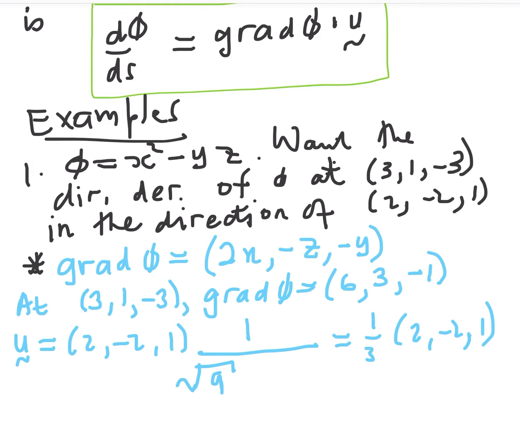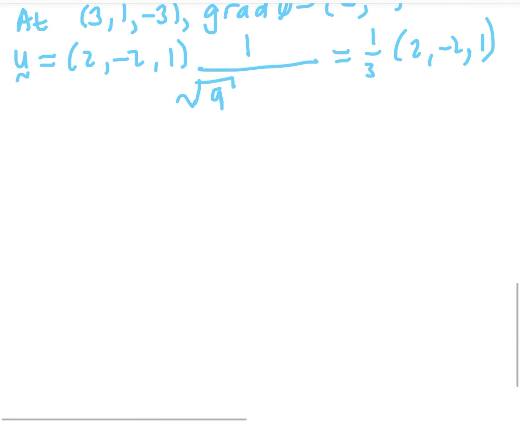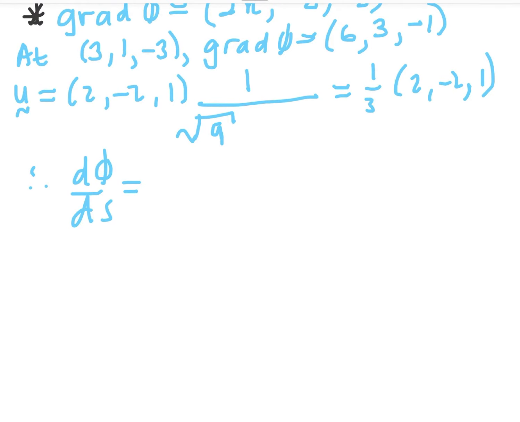So it's clear now what the directional derivative of phi in the direction of the vector u will be. Therefore d phi ds, the directional derivative of phi, is given by the grad of phi, which is 6, 3, minus 1, dotted with the vector u, the vector with coordinates 2, minus 2, 1 divided by 3.